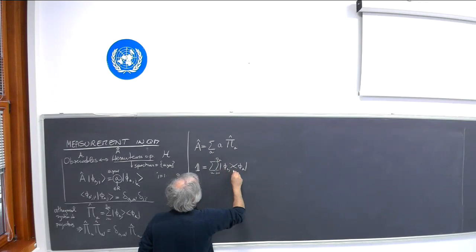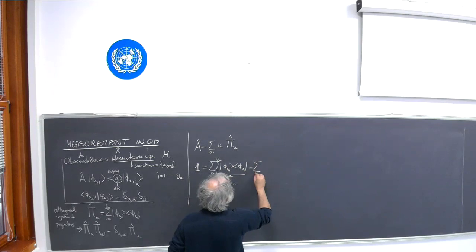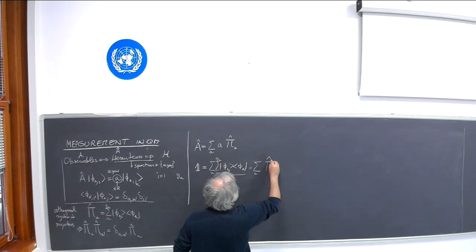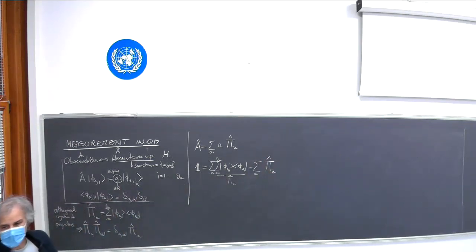It is this. And you realize that this object here is pi A. So what I'm writing here is that it is a sum over all eigenvalues of the pi A, the projectors on eigenvalue. Okay, good.